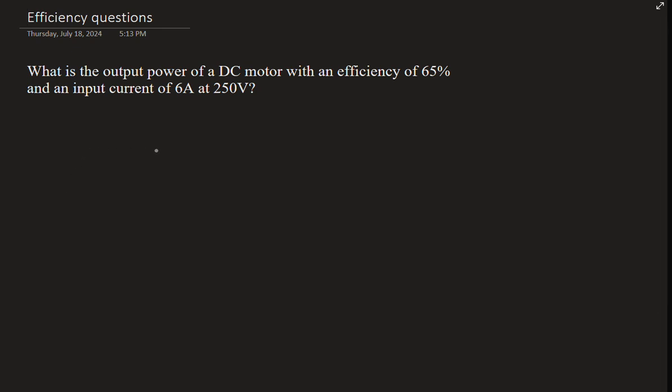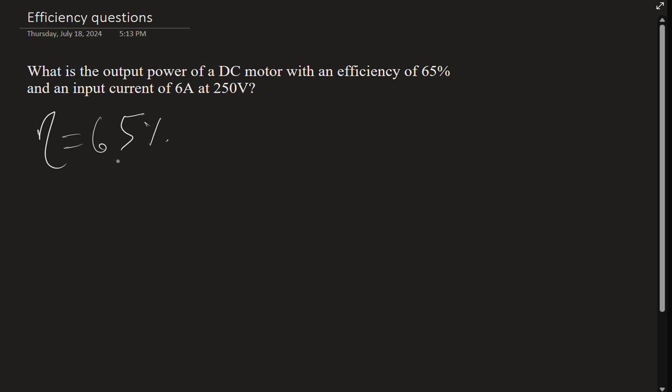What is the output power of a DC motor with an efficiency of 65% and an input current of 6 ampere at 250 volts? So let's see, we have efficiency, eta equal to 65%, input current I in equal to 6 amperes, and input voltage V in equal to 250 volts.